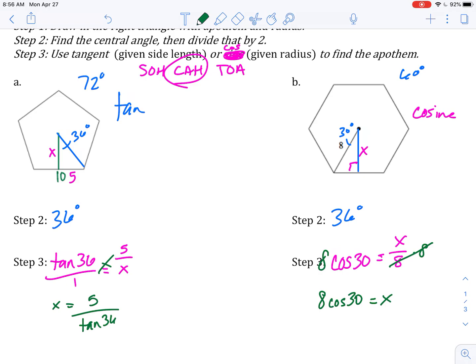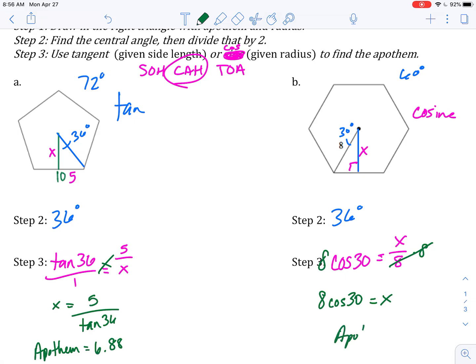And you can always type that into your calculators. And here, to get rid of that fraction, I'll multiply by the denominator. So 8 cosine of 30 is going to be equal to x. So that's how I'll find my apothems.